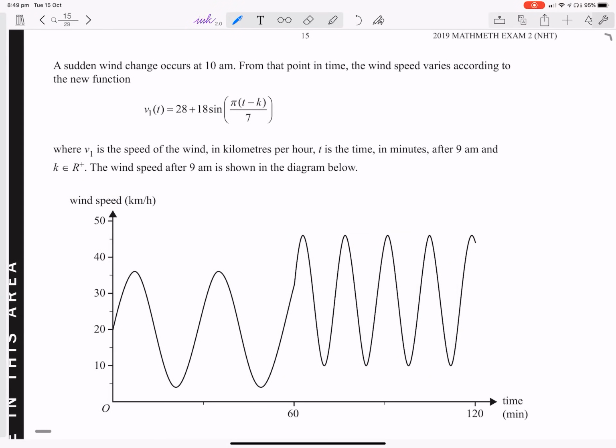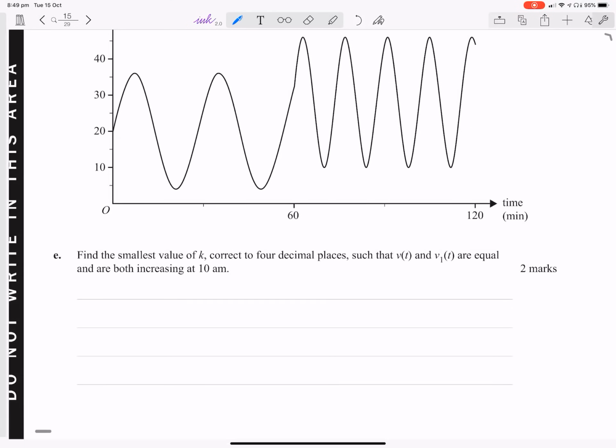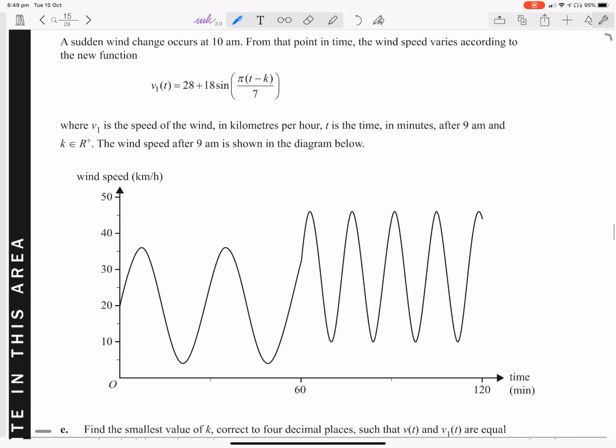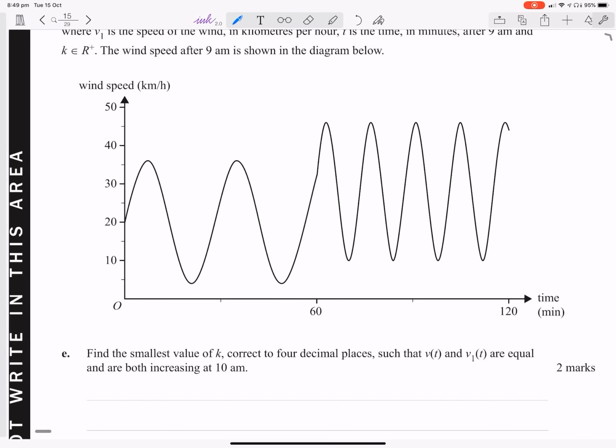The wind speed after 10 a.m., in kilometers an hour. Find the smallest value of k such that v of t and v1 of t are equal and both increasing at 10 a.m. Okay, so we'll find the value of k.